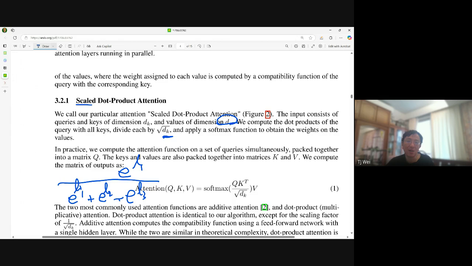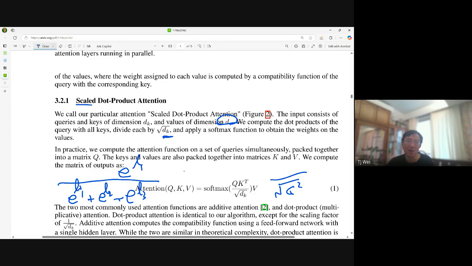Suppose they have a 0 mean. So how do we normalize it? We will normalize it by the standard deviation, right? We usually normalize things by dividing by the standard deviation. So how does the standard deviation relate to our dimension?